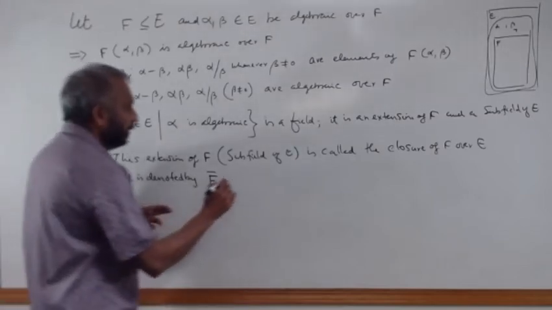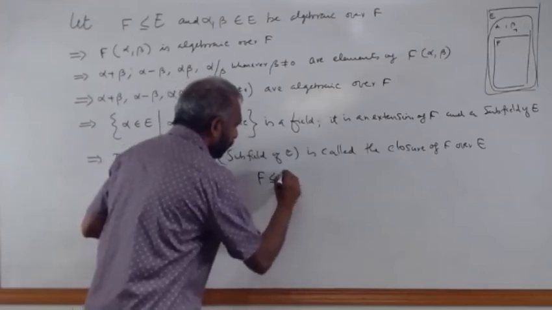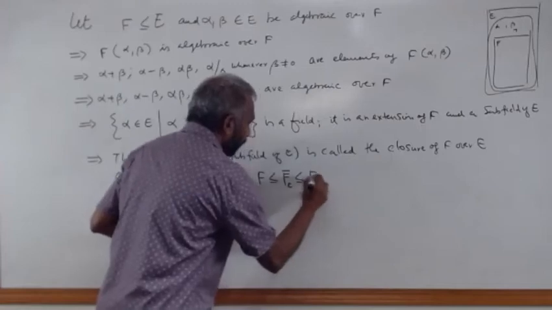So basically it is going to be F is less than or equal to F E bar less than or equal to E.